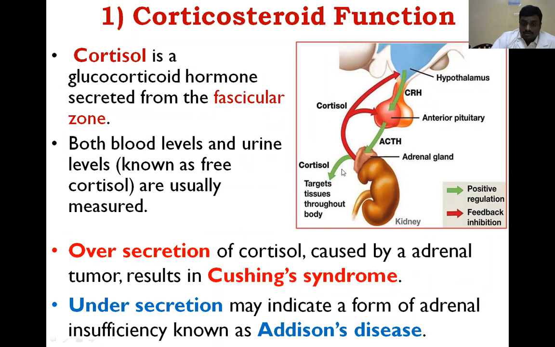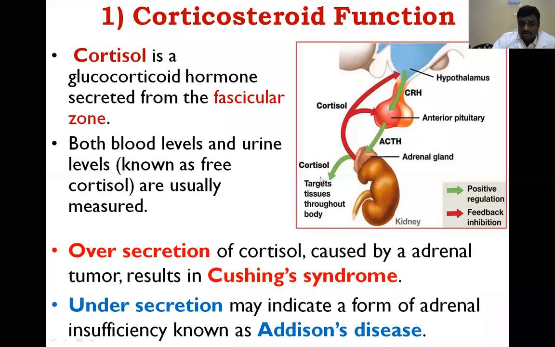Whenever we observe an excess secretion from the adrenal, that means more cortisol is present in the blood or in the urine, that may be due to Cushing syndrome. That is the indication of Cushing syndrome, with an enlarged adrenal gland.